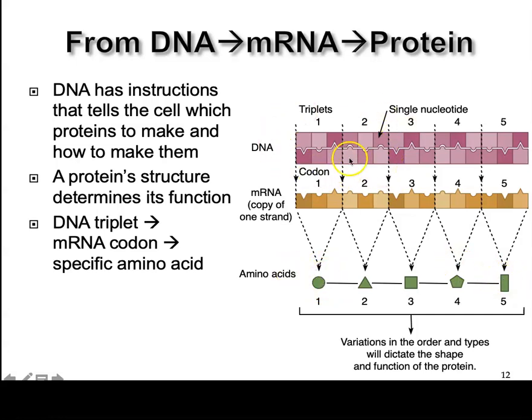So this is sort of the language. This is the language in the DNA, the double-stranded. It's a single-stranded RNA that's complementary to one of these strands, not both, to one of them. That's going to be the template strand. And then ultimately this gives us a code for which amino acid to add.